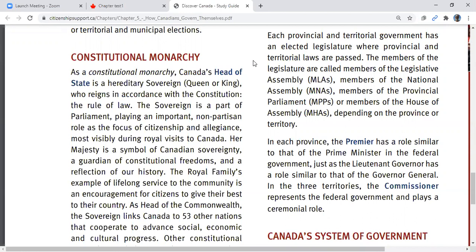Her Majesty is a symbol of Canadian sovereignty, a guardian of constitutional freedoms, and a reflection of our history. The royal family's example of lifelong service to the community is an encouragement for citizens to give their best to their country.